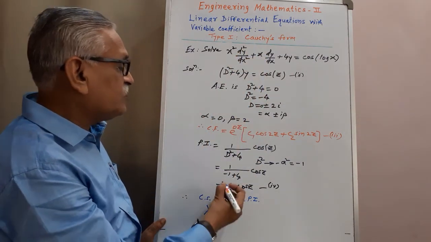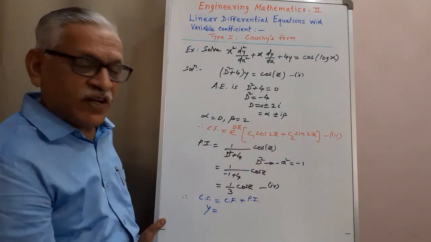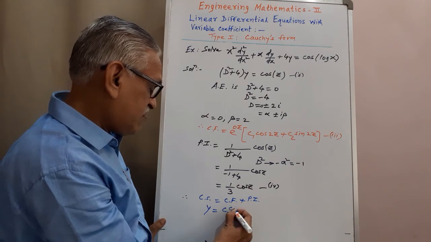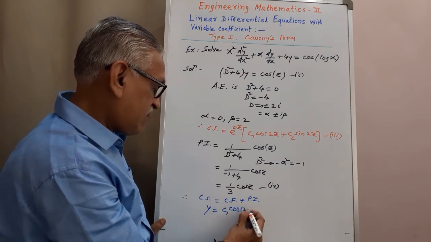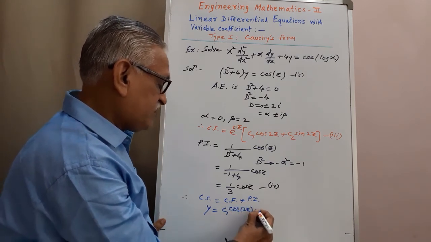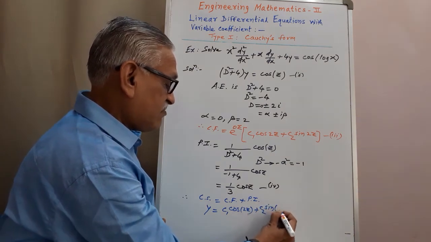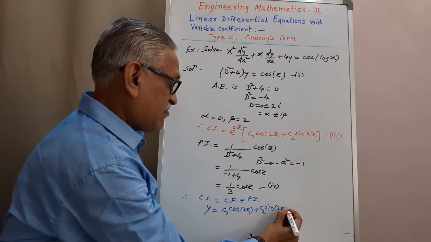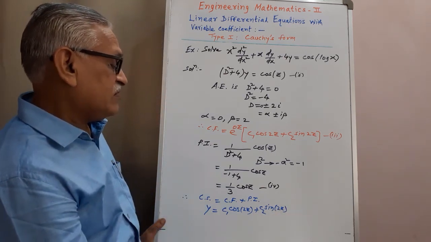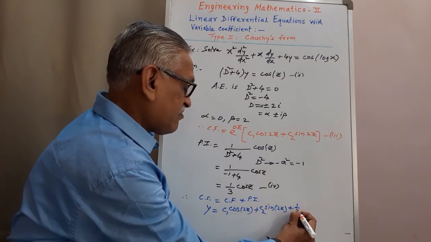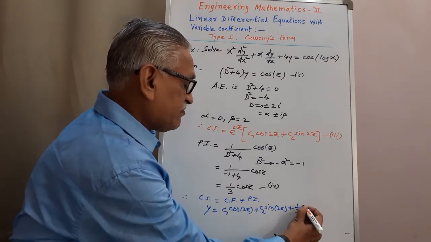Therefore, y is equal to e raised to 0z, C1 cos 2z plus C2 sine of 2z plus PI. PI is 1 by 3 times cos z.